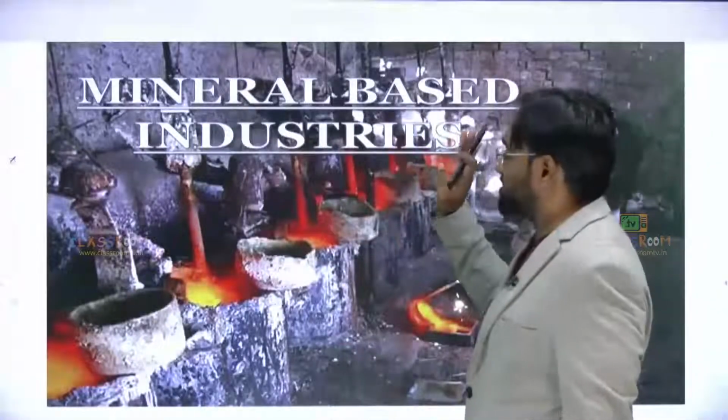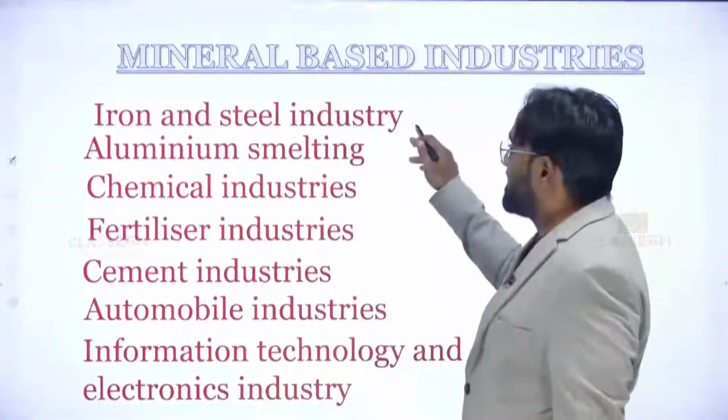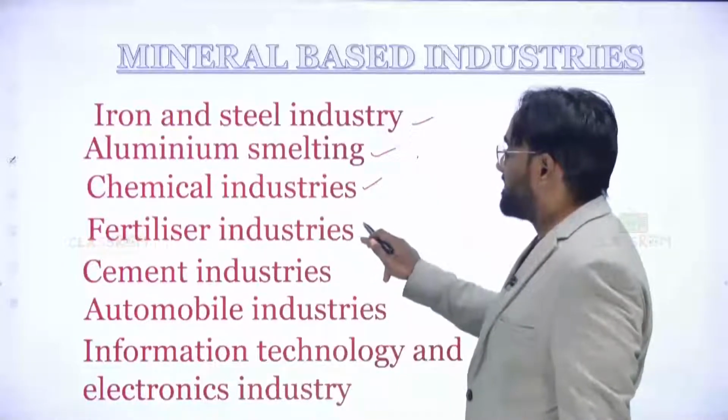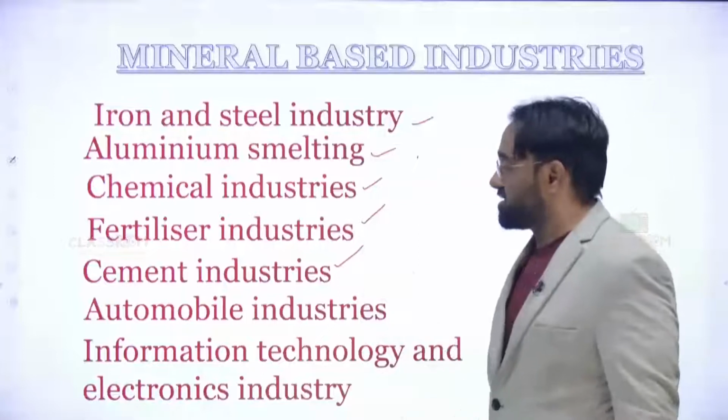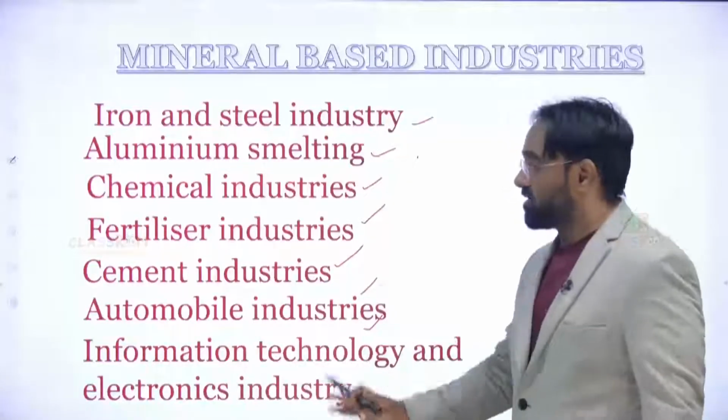Next, mineral based industries. This is what is called mineral based industries: iron and steel industry, aluminum smelting, chemical industries, fertilizer industries, cement industries, automobile industry, information technology and electronics industry.